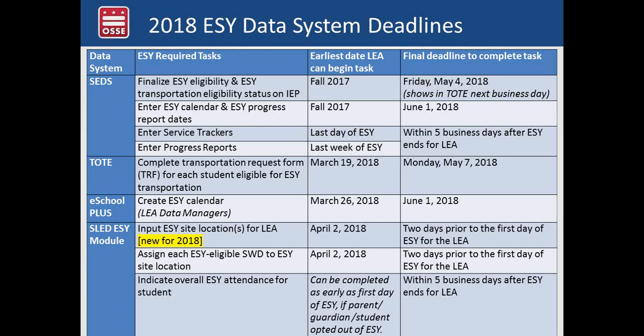It's not until the next business day that you see that student pop up in TOTE if you changed something about their ESY transportation status. So I put an earlier deadline of Friday, May 4th, even though technically the deadline is Monday, May 7th, because you can't do SEDS and TOTE on the same day for the same student. SEDS and TOTE only talk to each other at night on weeknights.